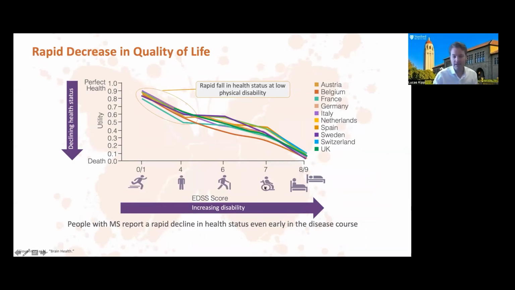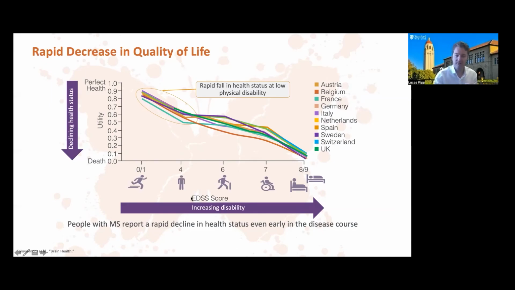The EDSS score is a disability score that we use to quantify our neurologic exam in people that have MS. An EDSS of 4 is a relatively lower score. Unless you examine the patient, you probably wouldn't notice anything. But even at that relatively low score, if you ask a patient where they are in terms of their health status, they report a really rapid fall in their health status.